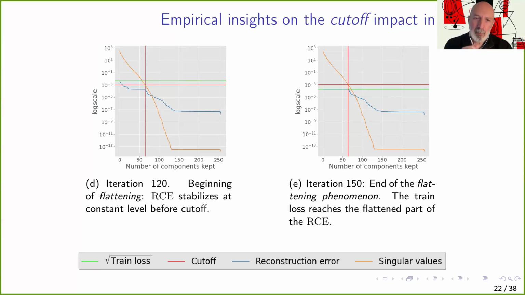That's why I was saying that if you have a problem whose solution is relatively smooth, you can get away with it. But if you go to something more involved, I don't know how much you will be able to get away with getting rid of a lot of the singular values there.